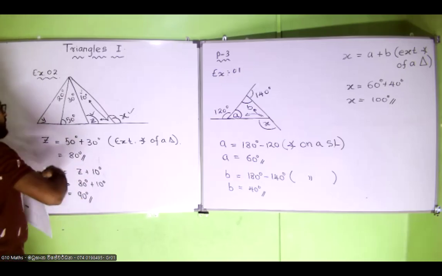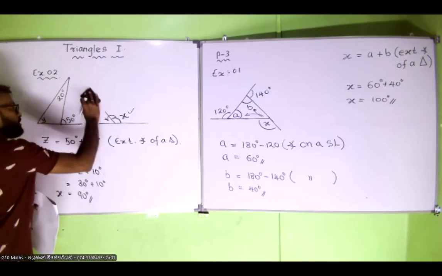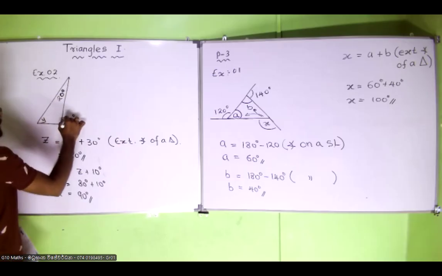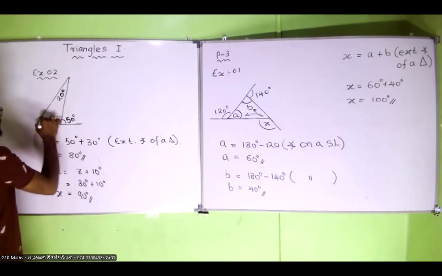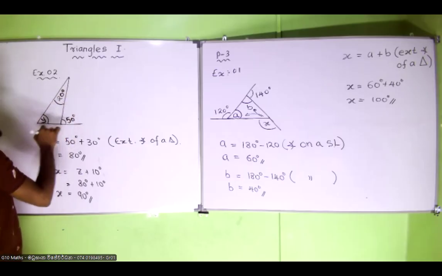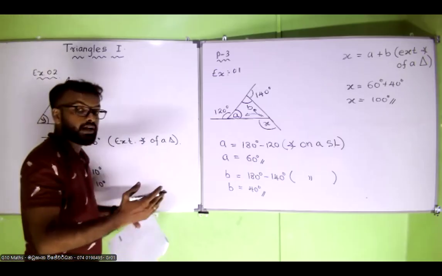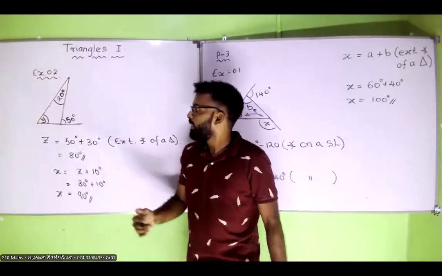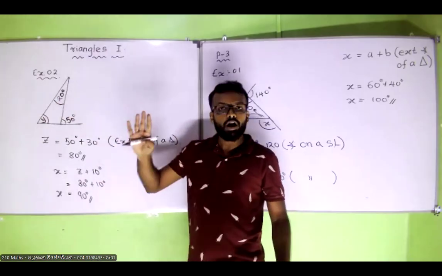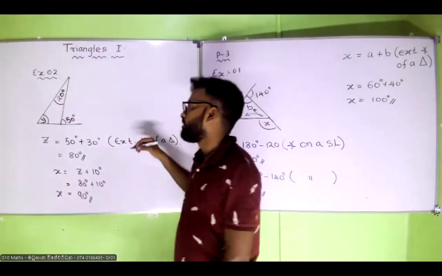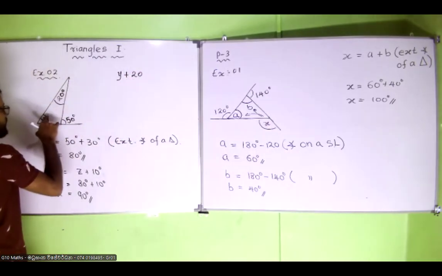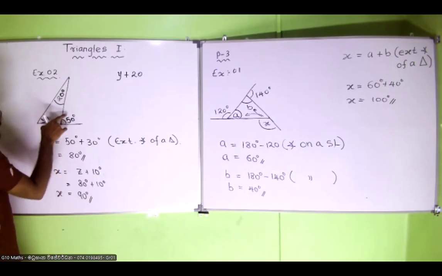Now if I forget all the other things, this is my theory. This is 20 degrees. This is 50 degrees. This interior angle is y. Y plus 20 should be equal to 50. I can write it the other way around as well: 50 equals y plus 20, or y plus 20 equals 50.